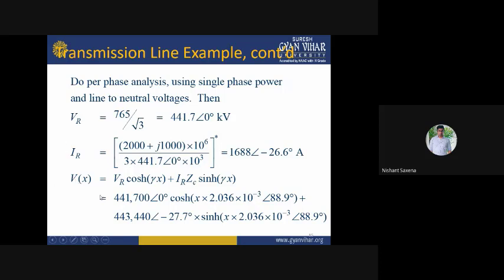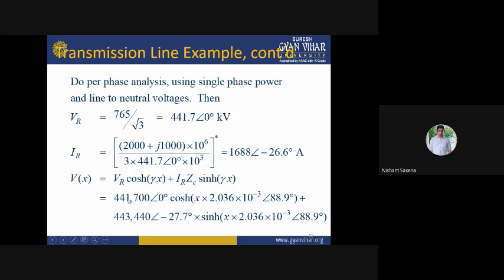Now, when I substitute these two values in the formula which we have derived, that is Vx is equal to VR cosh(gamma x) + IR ZC sinh(gamma x). So when I substitute these values in this equation, this is a point. Don't get confused, this is not a comma. These are the points. It is a typing mistake.